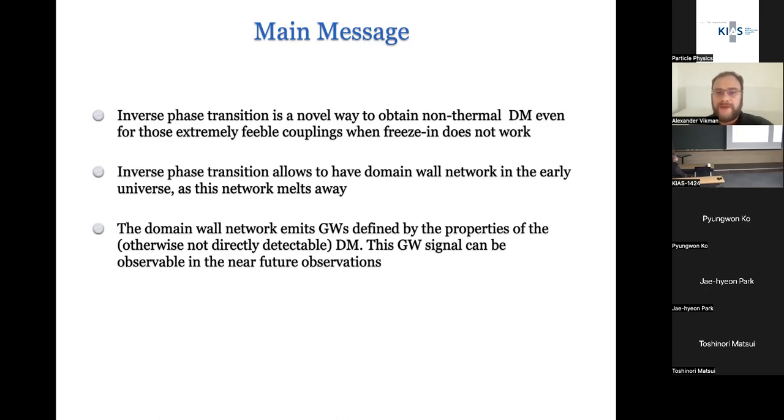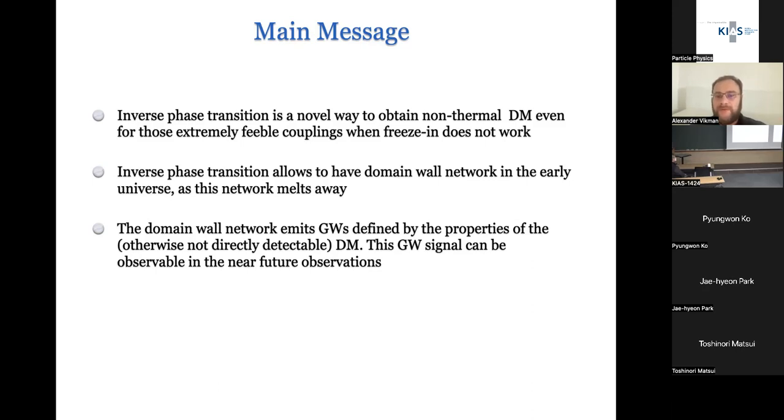If these two things are connected, so basically the appearance of this domain wall network with a later inverse phase transition, then this domain wall network emits gravitational waves whose properties are sharply defined by properties of this dark matter, in particular by the coupling constants, as you will see.